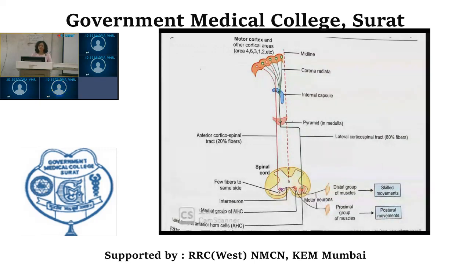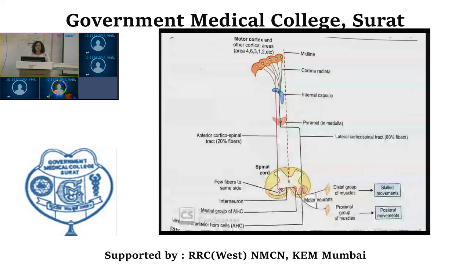Whereas the fibers of the anterior corticospinal tract, as I told you, do not pass through the medullary pyramids and run ipsilaterally in the medial funiculus of the spinal cord.